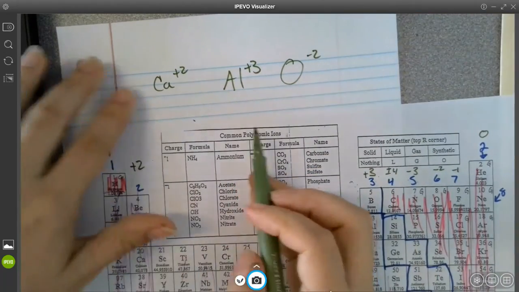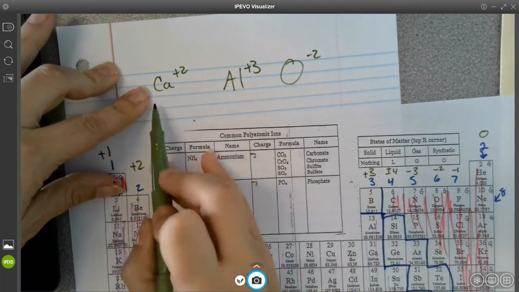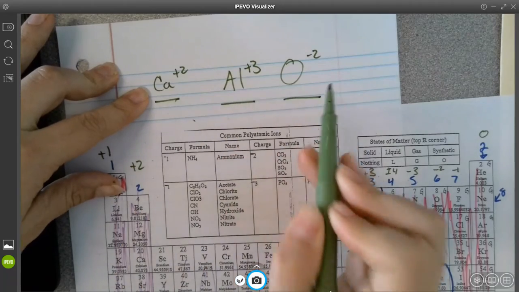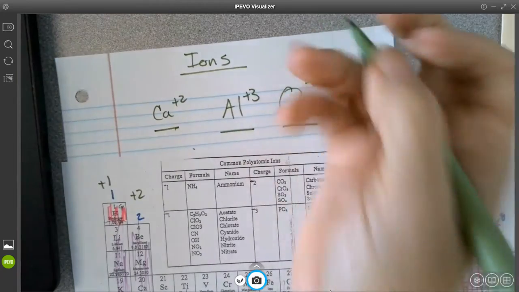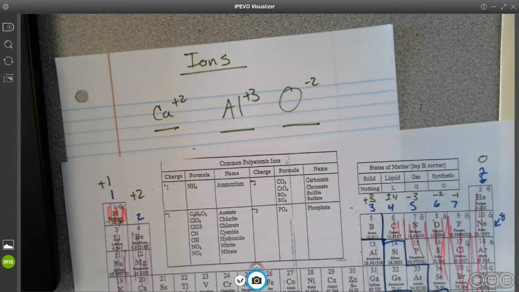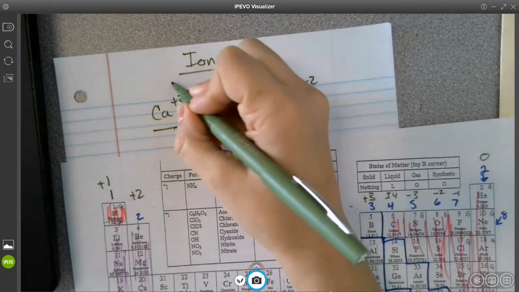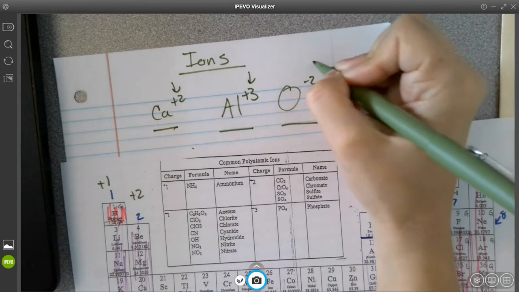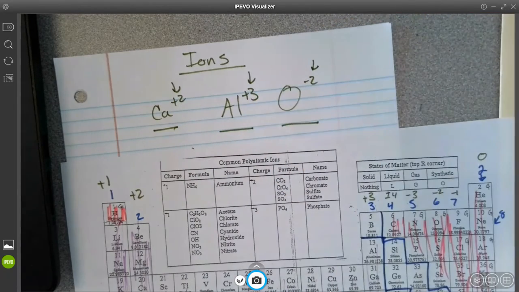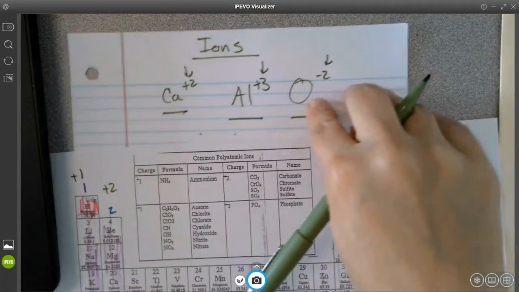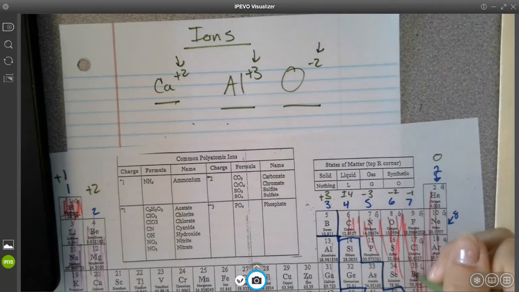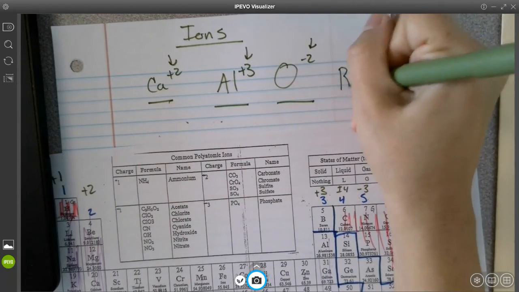So what I'm doing up here is I am taking my elements now and I am writing out what is called ions. Ions will have charges. That's what they are. So if I take these ions, and I'm going to put one more up here, one with a negative charge. Let's look at Br.